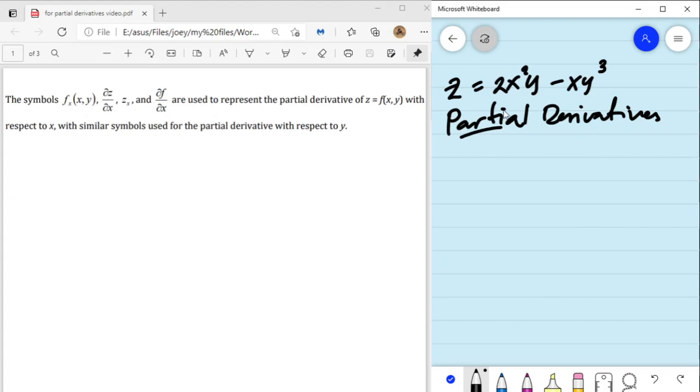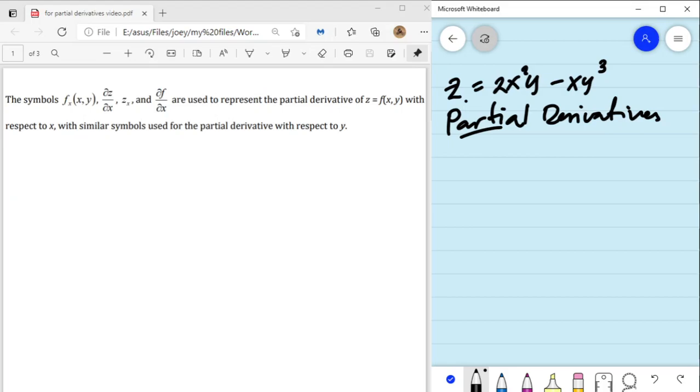Partial because we shall find the derivative of z with respect to only one of the independent variables at a time. By the way, the symbol for partial derivatives could either be of these symbols.